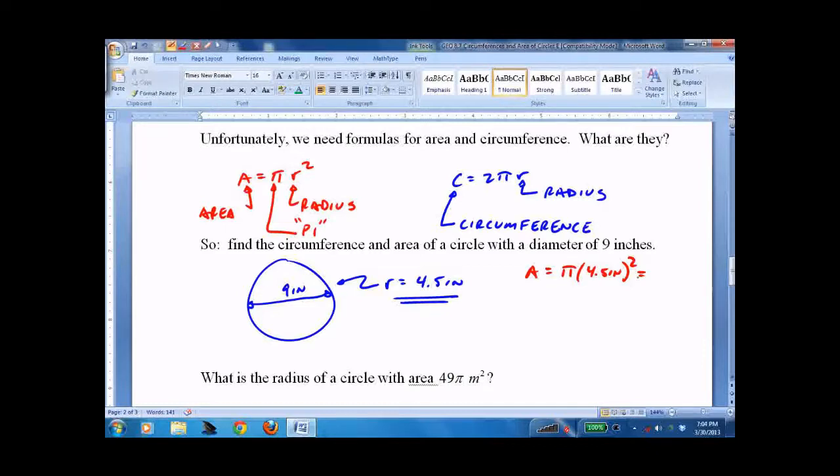And this causes all sorts of problems. People want to multiply pi out. And we will often, but often we will not. So just leave pi in the answer: 20.25 pi. Circumference is 2 pi r, where r is 4.5. That equals 9 pi inches. Circumference is linear.